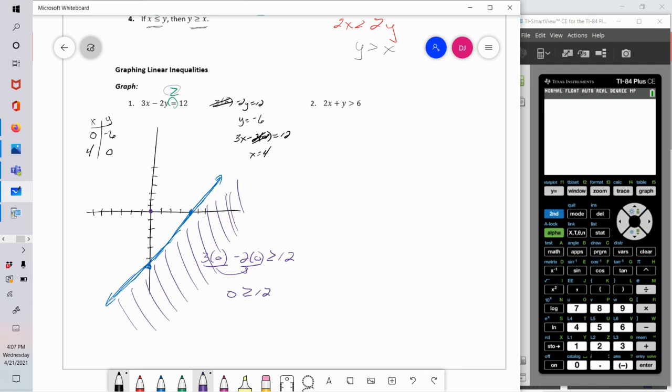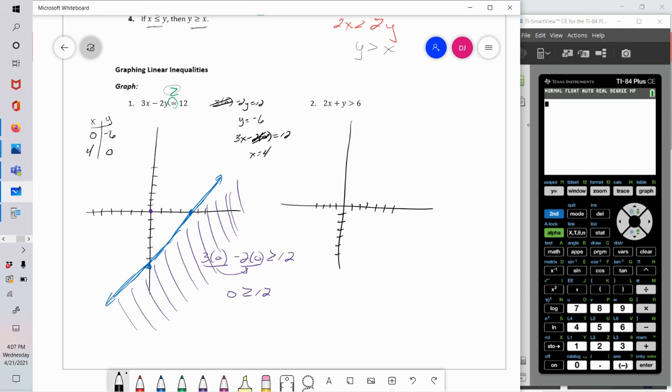Okay. So let's move on to number 2. Notice that in number 2, what's different here is that we have 2x plus y is greater than 6.